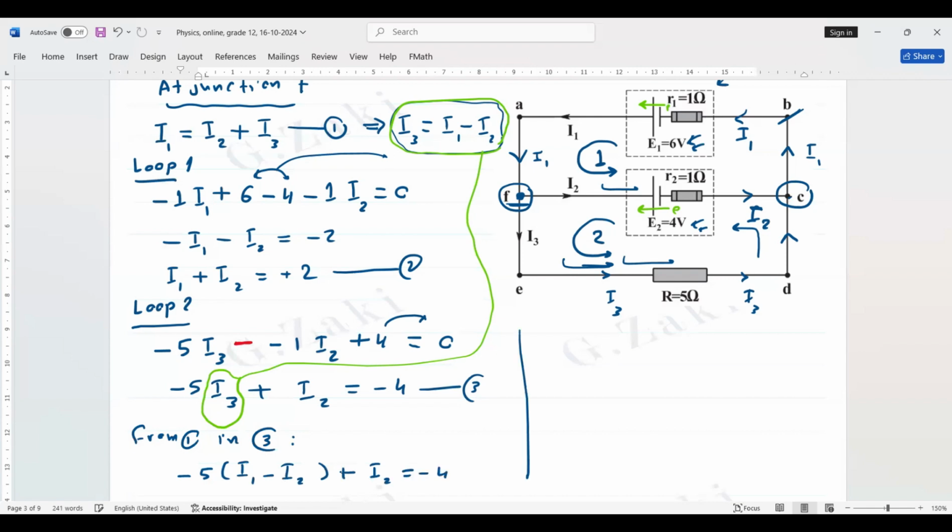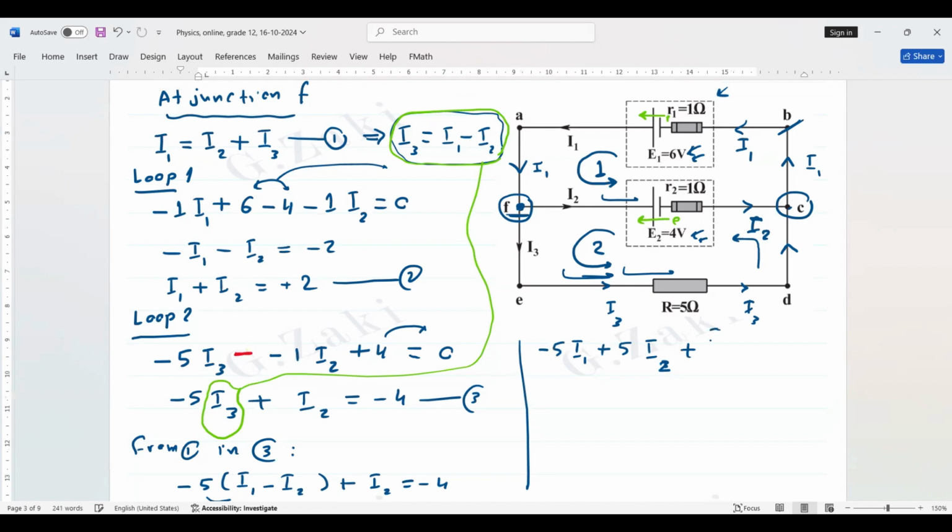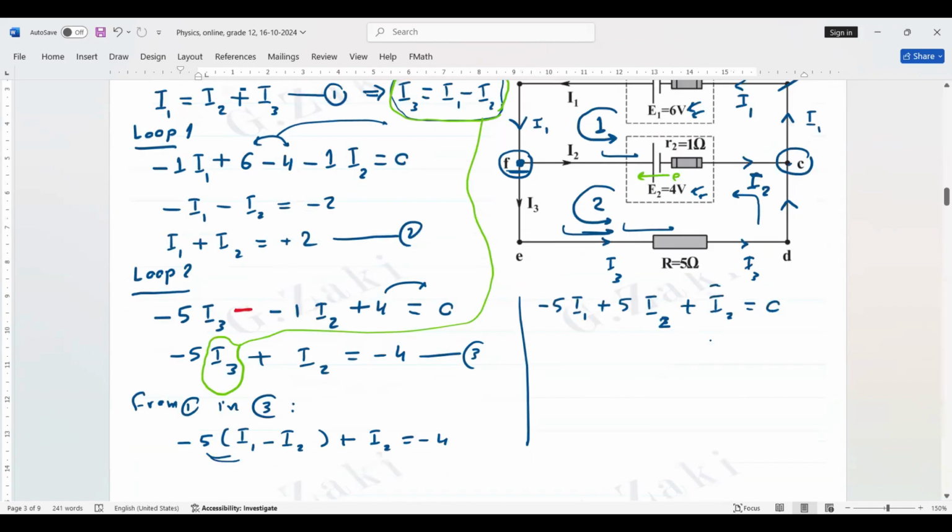Now simplify more. Distribute negative 5 over the bracket. Negative 5 times I1 is negative 5 I1.